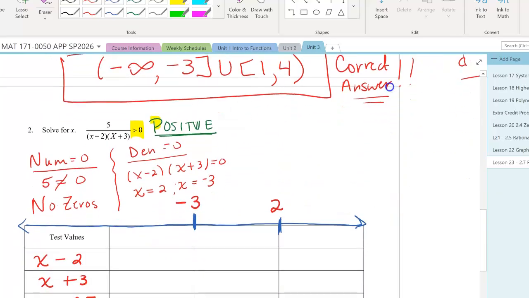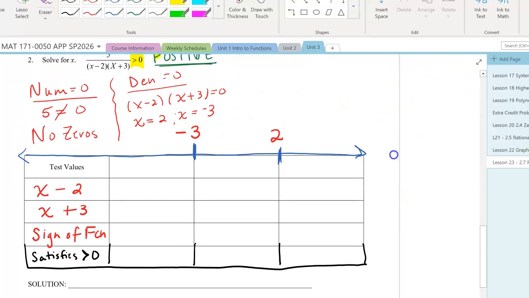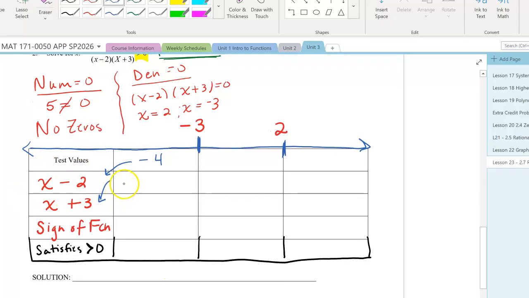All right, so back to our problem. If I pick a number less than negative 3, I'm just going to choose negative 4. If I plug negative 4 into these factors, I'm going to get negative 4 minus 2, which is negative 6. And really, we're just concerned with the sign. It doesn't really matter what the number is. Negative 4 plus 3 is negative 1, which again is negative.